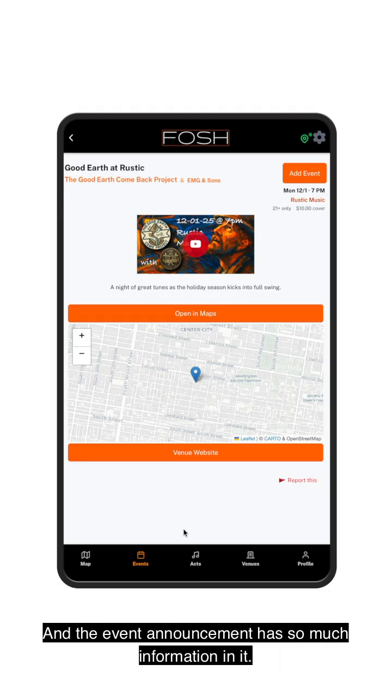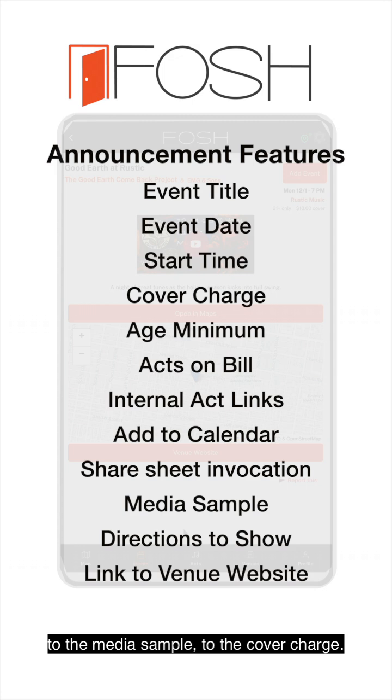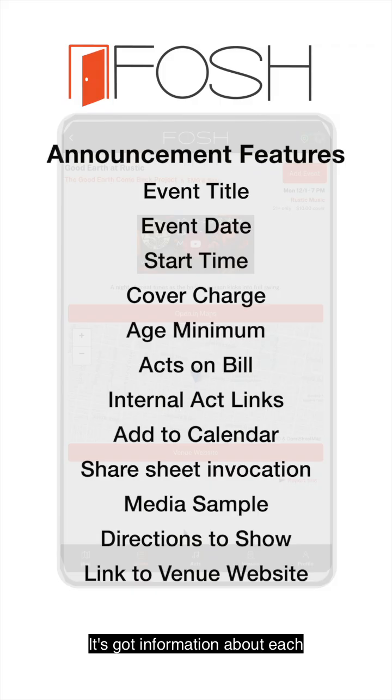And the event announcement has so much information in it. It's got everything from the poster to the media sample to the cover charge. It has directions to the gig from wherever you stand. It's got information about each and every band on the bill.